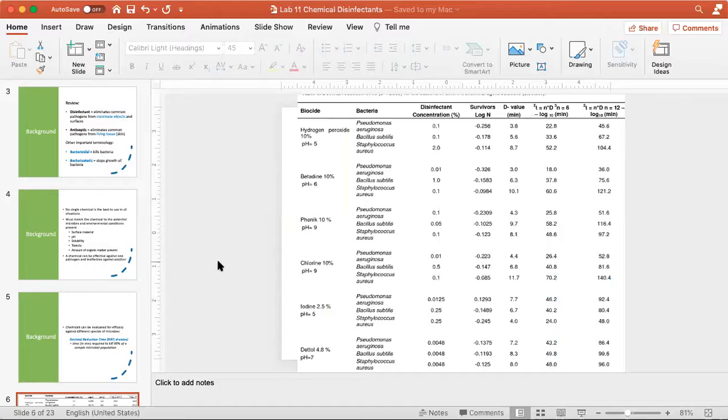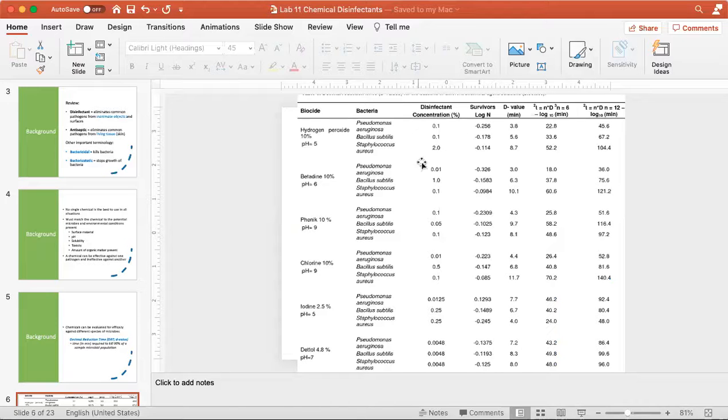On this slide, you're looking at a table that comes out of a textbook, and it provides DRT values for several different chemical compounds. So it shows us the name of the compound over in the left-hand column. It shows the bacteria that these chemicals were tested on, and you can see they were tested on 3 different kinds of bacteria.